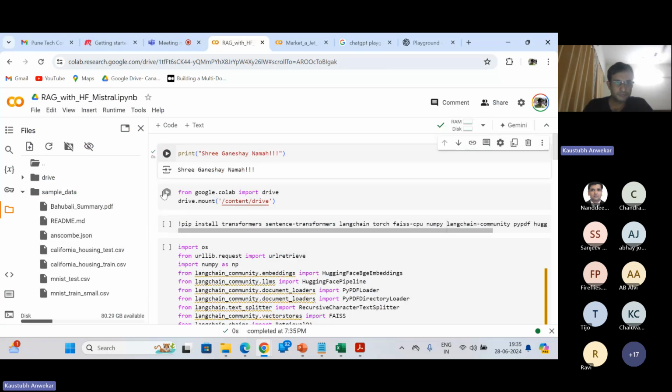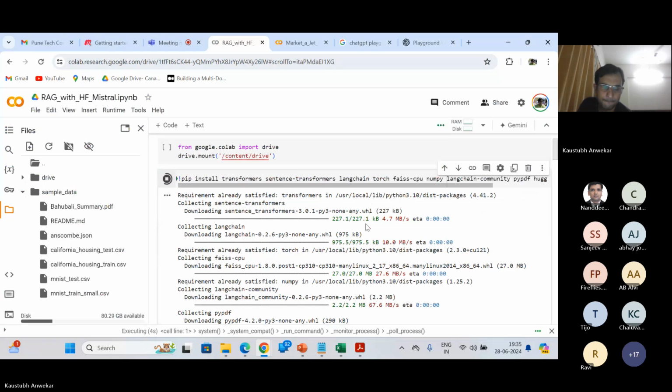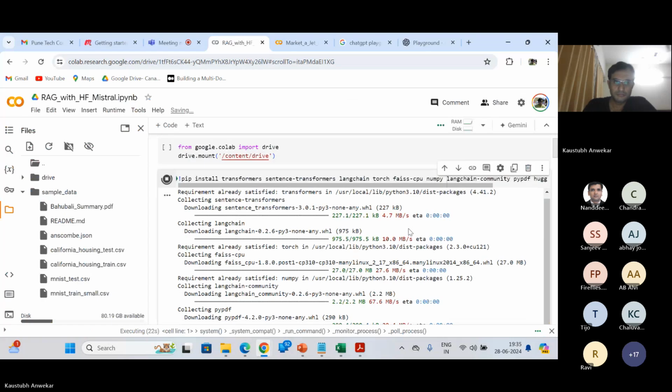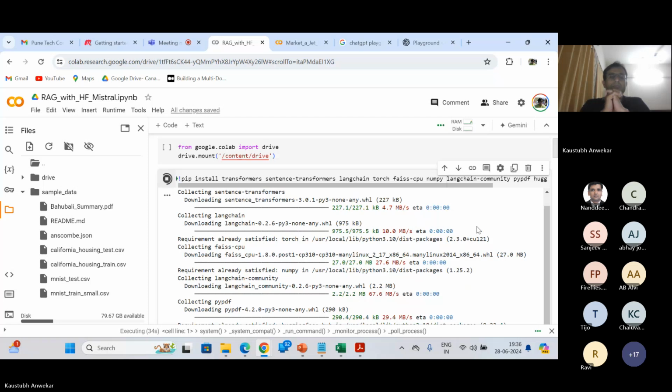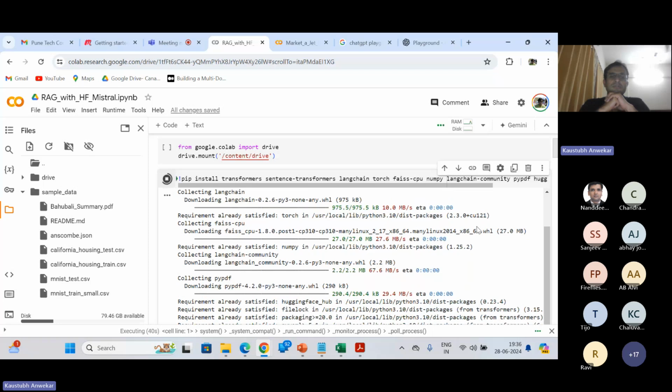So I'll simply upload this in my sample data. Meanwhile, I will install all the required libraries. The main fun over here is that you don't have to worry about the syntax.